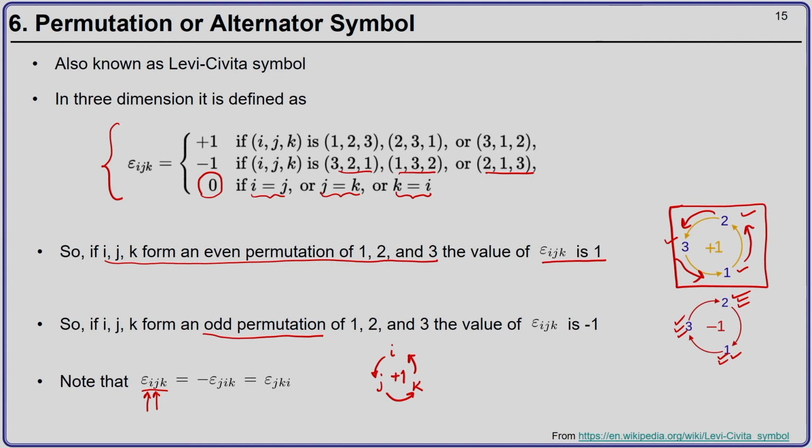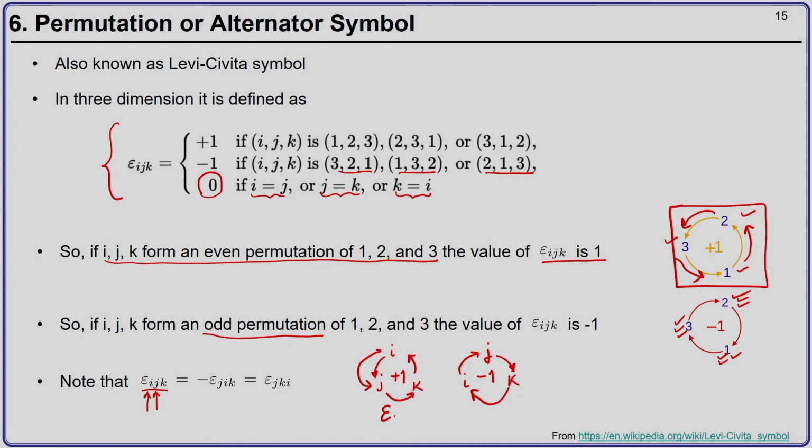Now if you interchange i and j, what will happen? You will have j, i and k. What has happened to the order? It has reversed. So, now you have -1.